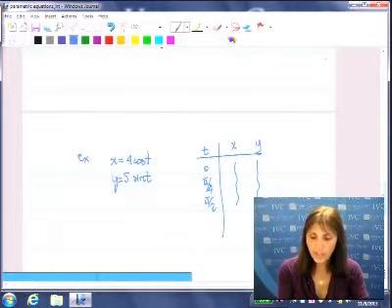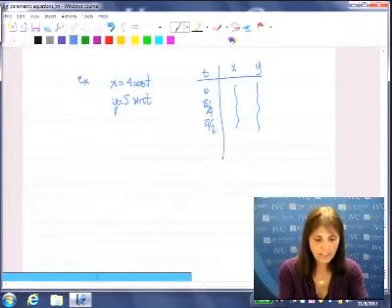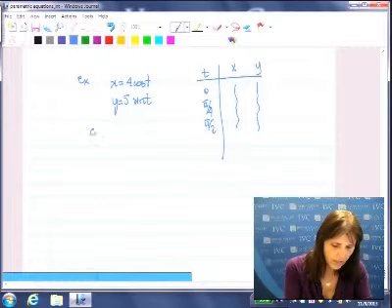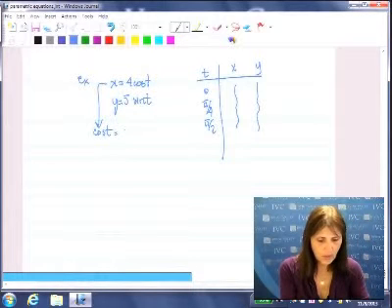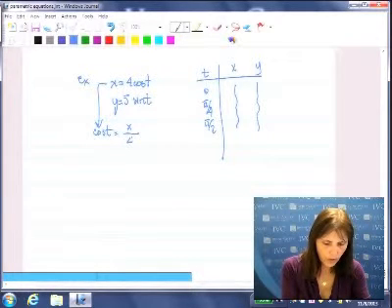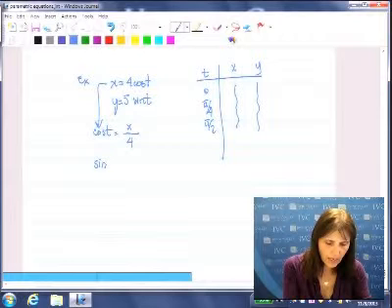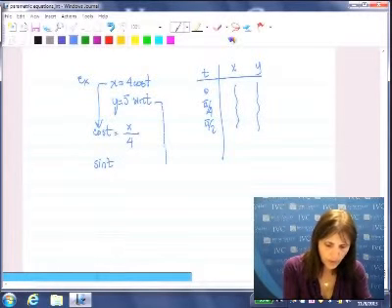Now, let's look at the trigonometric identities. So I know that cosine t, when I pull it from this equation, is going to be x over 4. I know sine t, when I pull it out of this equation, is going to be y over 5.